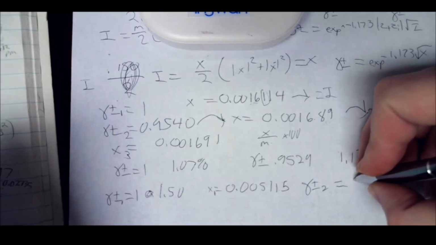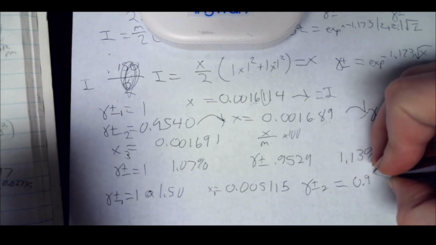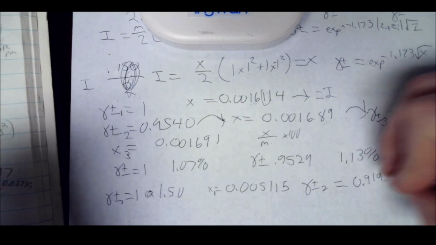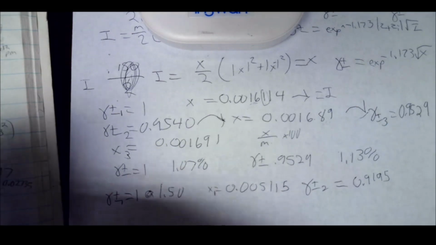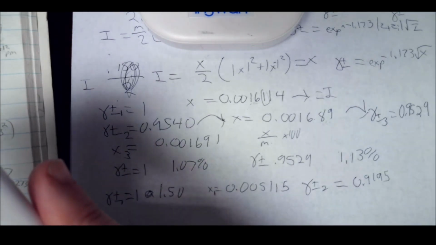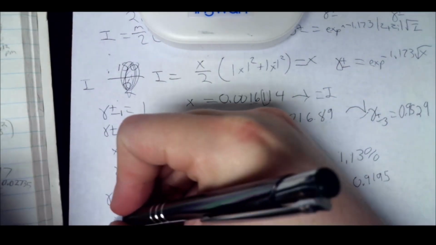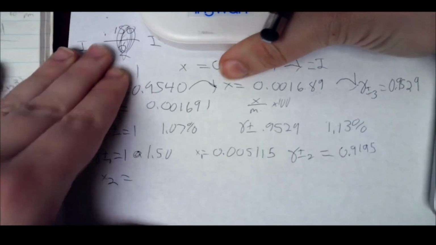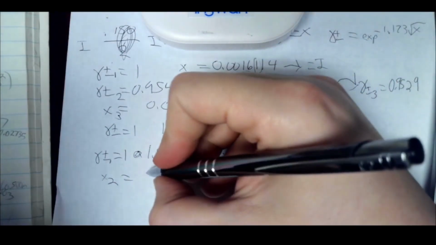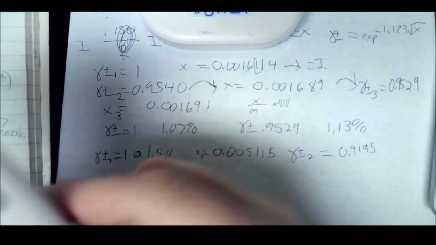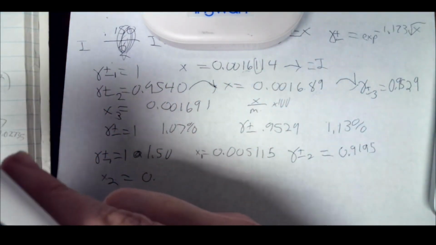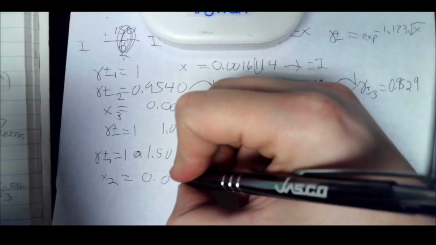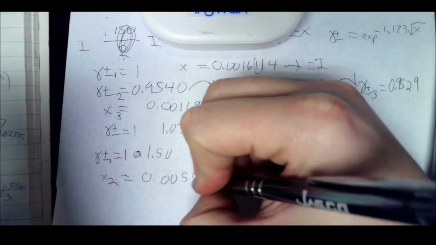Now our gamma has dropped down to 0.9195. That's a little bit more significant. So let's try our next thing. So our x at the second iteration is 0.00556.